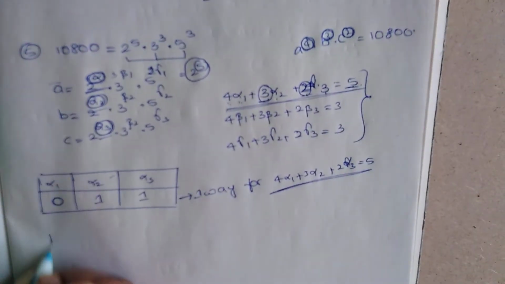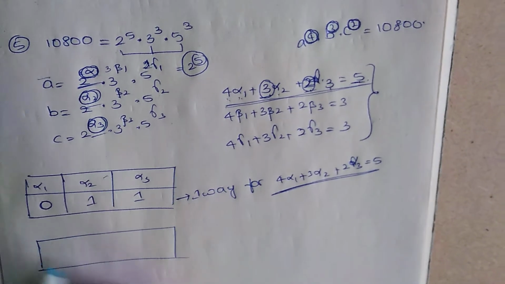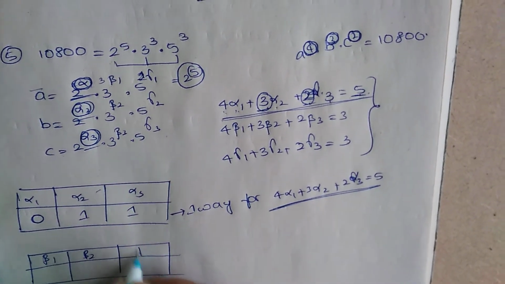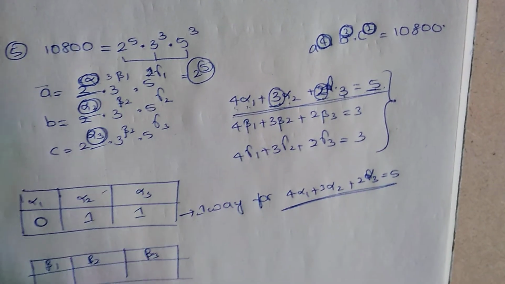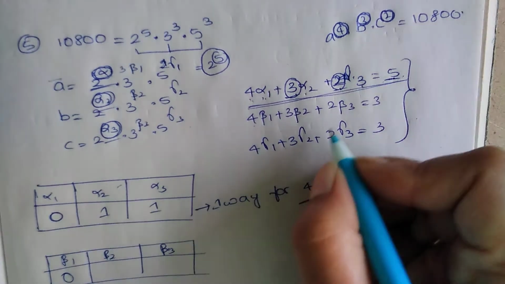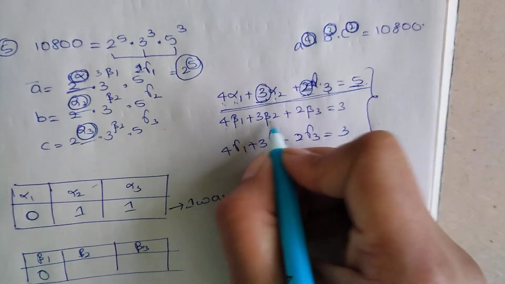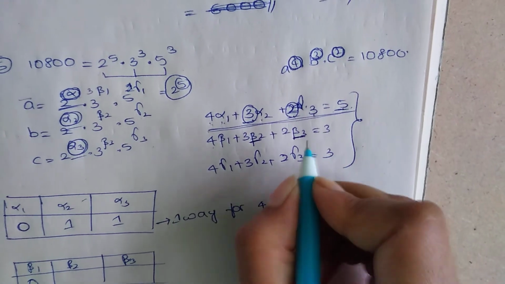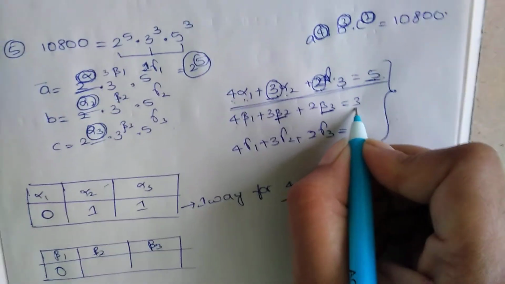In the same way, make a table even for beta 1, beta 2 and beta 3. You verify the same way. What do you get? If you write here, no, it's not possible. This has to be 1 and beta 3 must be 0. Only if it is 0, this equation will be equal to 3.